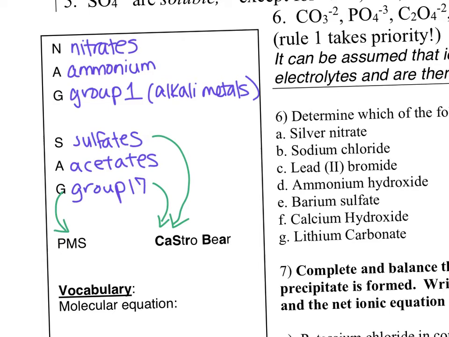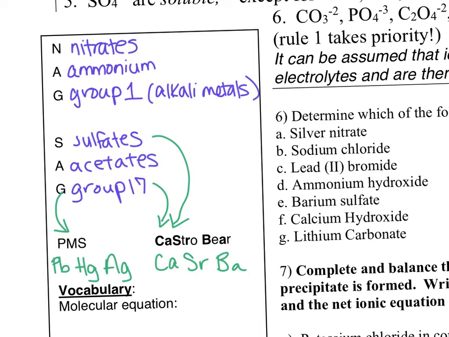PMS stands for lead, mercury, and silver. And for Castro-Bear, I highlighted the important things: calcium, some strontium, and some barium. Hg is mercury. I know, it kind of ruins it, right?